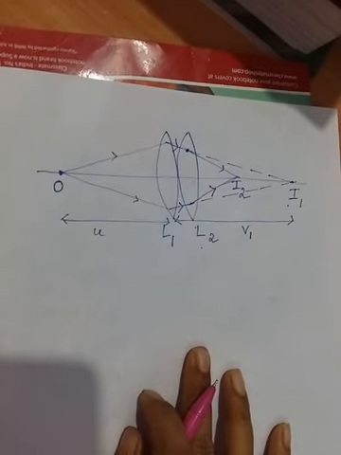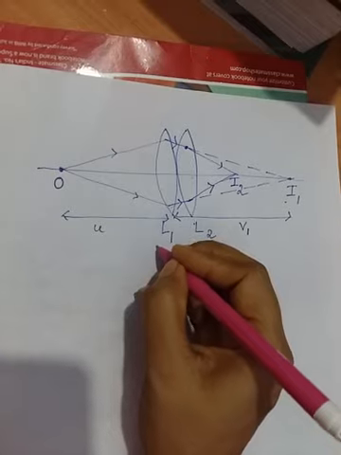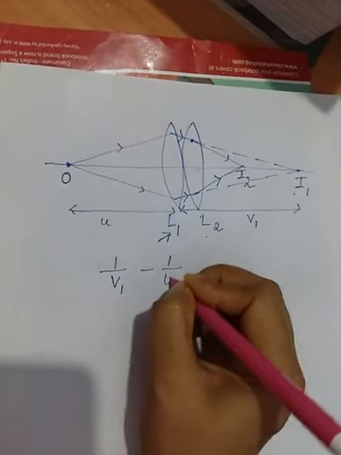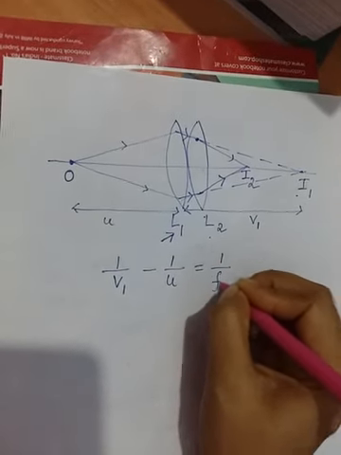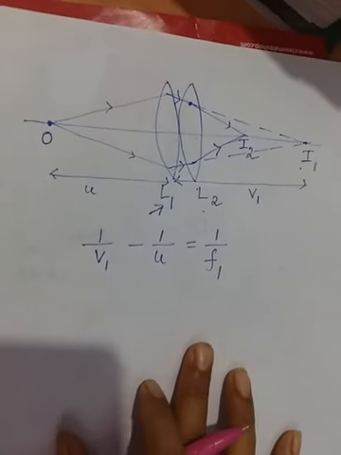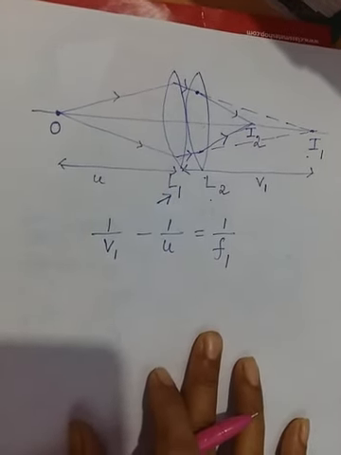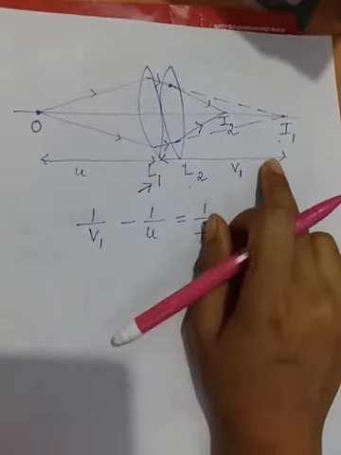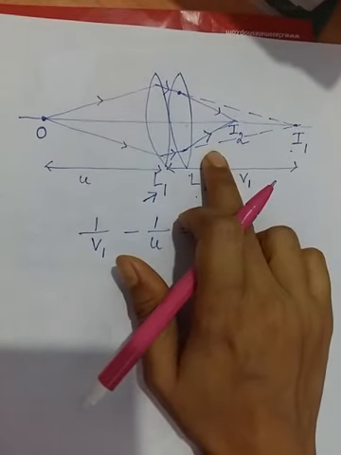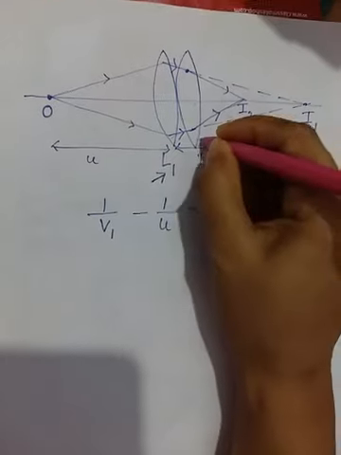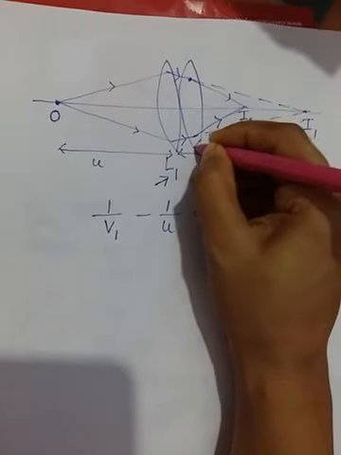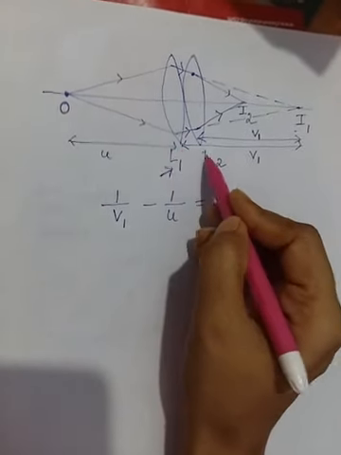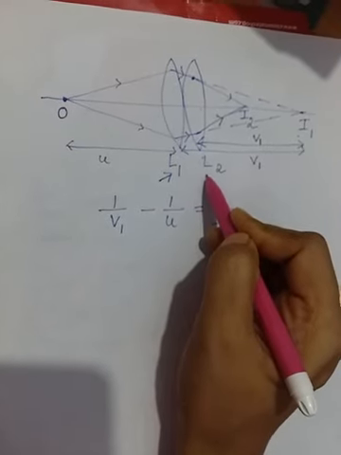If we apply the lens equation for lens L1, then the formula will be 1 by V1 minus 1 by U equals 1 by F1, where F1 is the focal length of the lens L1. Now if we consider L2, I1 is acting as a virtual object, I2 will be your real image. This distance again we consider as V1, and it is possible only if the two lenses are thin lenses.